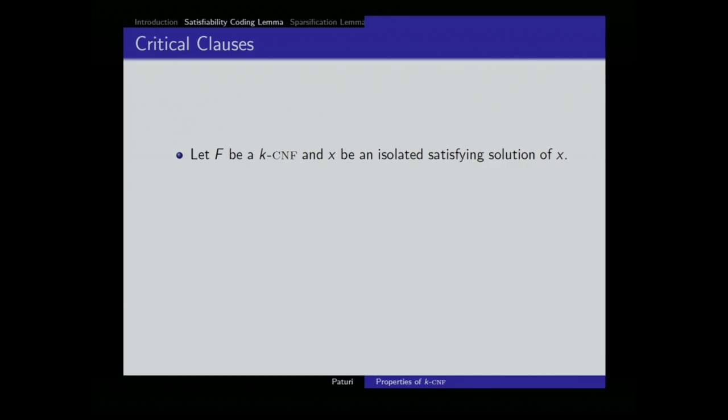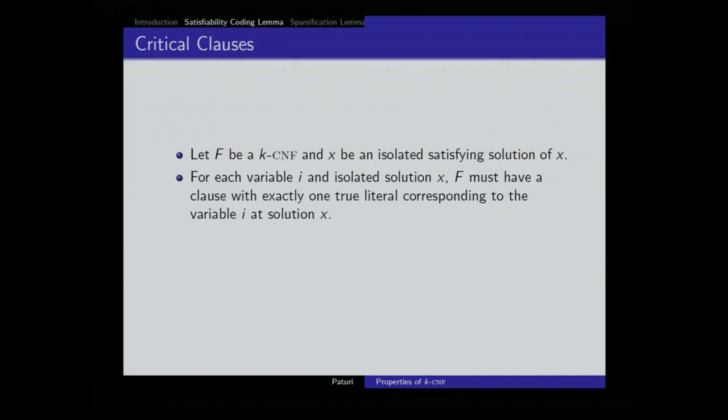We call such clauses critical clauses for this assignment X. And for each variable there must be a critical clause at this assignment. So when you have an isolated solution, for each variable you have at least one critical clause, and all the critical clauses are distinct.